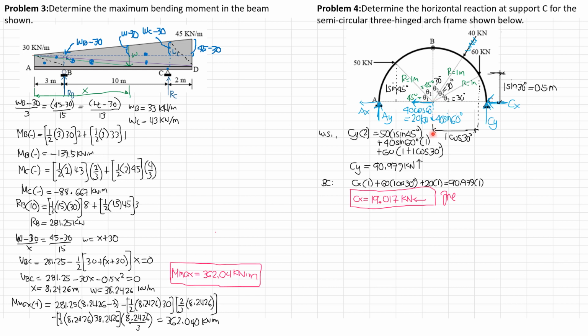So plus 40 sine 60 times radius 1, then plus 60. The moment arm is 1 meter plus 1 cosine 30. So Cy is 90.975 kilonewtons.